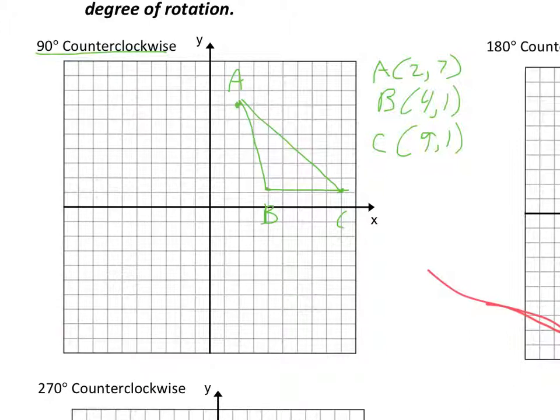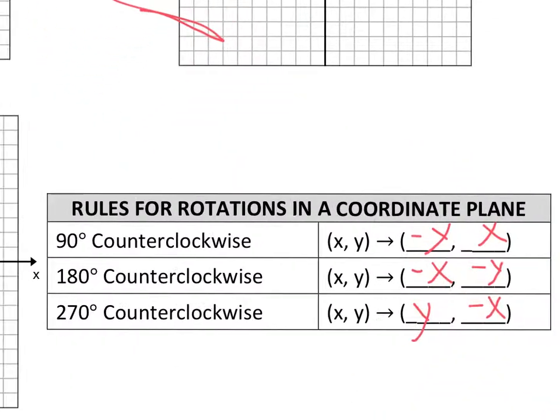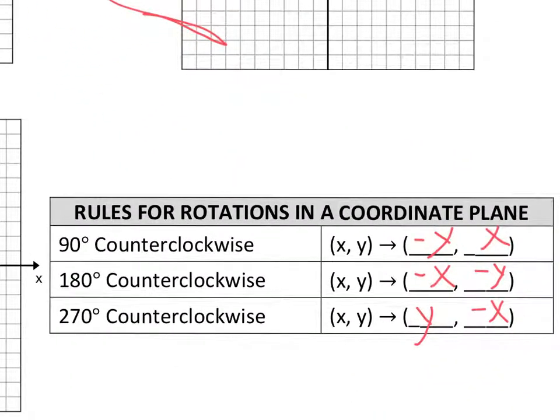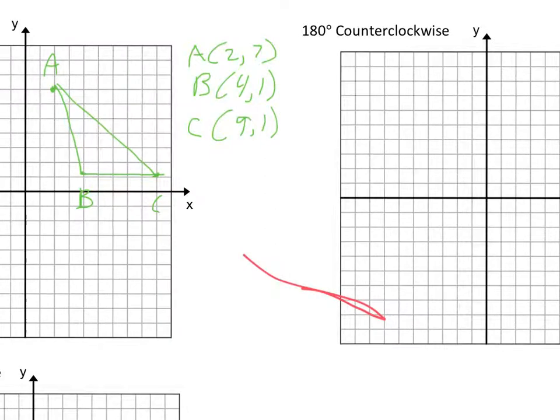So, according to our chart, a 90-degree counterclockwise rotation, we're looking at this. So we're going to take our y, make it negative, and make it our x-coordinate, and we're going to make our x-coordinate our y-coordinate. So let's do that.